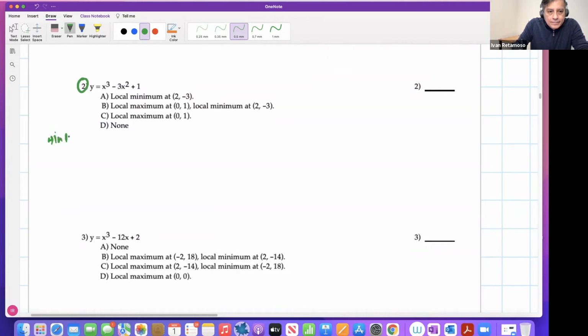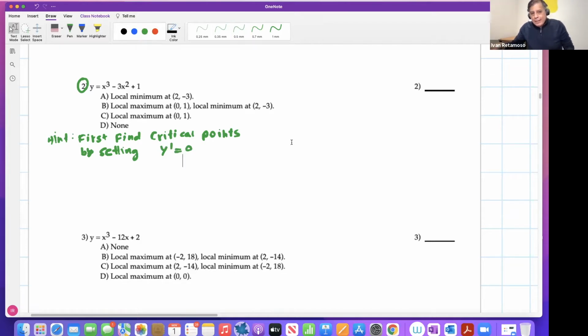Find first the critical points, right? By setting the derivative, in this case, let's be formal, y is the function. So y prime, by setting y prime equal to 0, right? And solving for x. Yeah, get the critical points first.